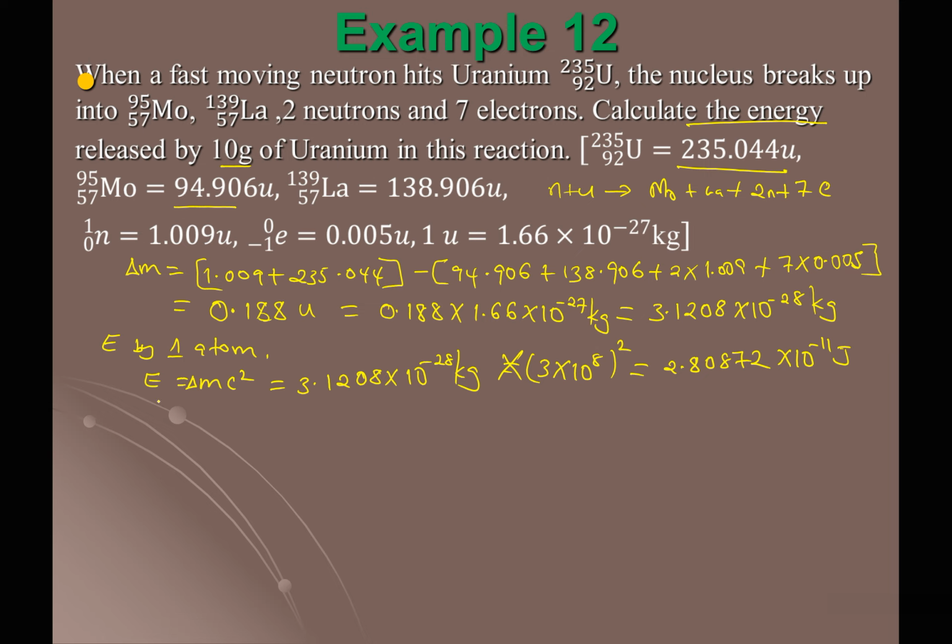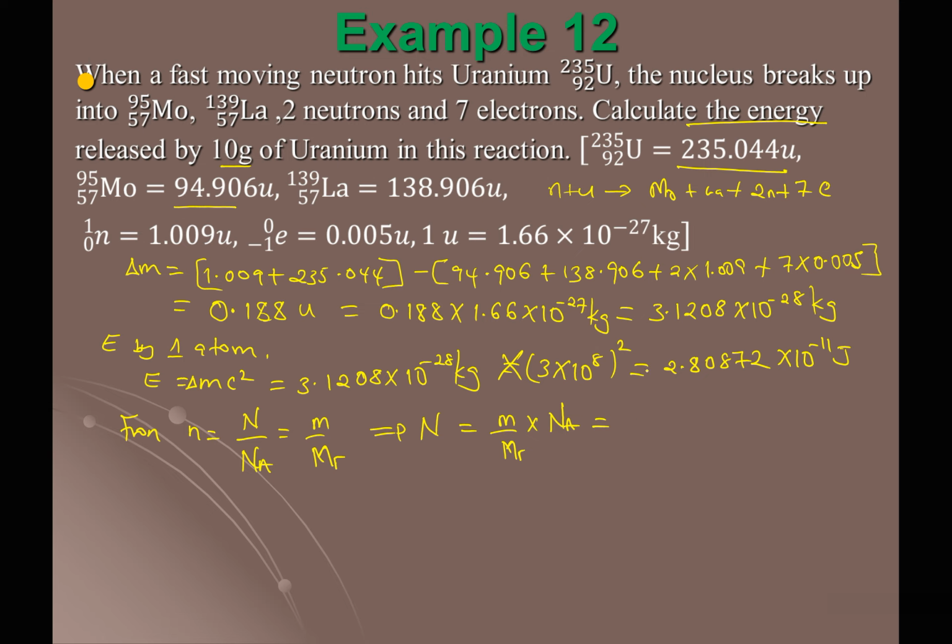Then let's find the number of atoms in 10 grams of uranium. The number of moles is given by the number of particles over Avogadro's number, which is the same as the mass divided by the molar mass. What is the implication here? It implies that the number of atoms N is the mass divided by the molar mass, multiplied by Avogadro's number.